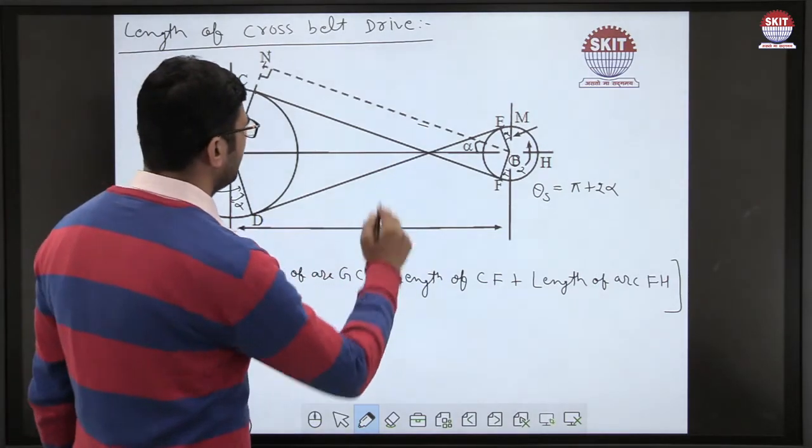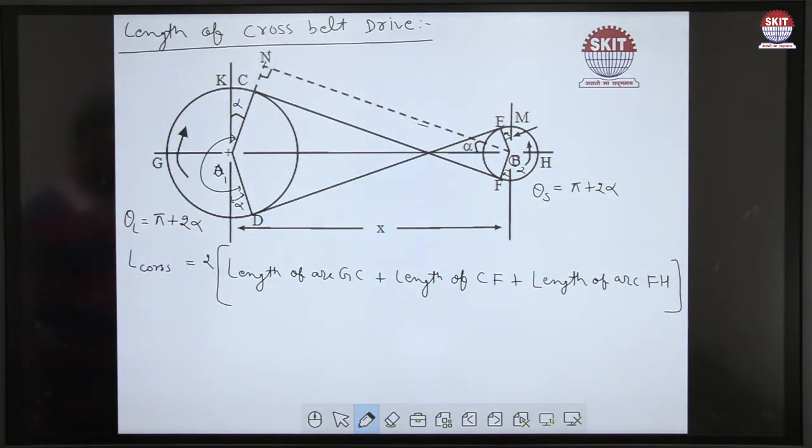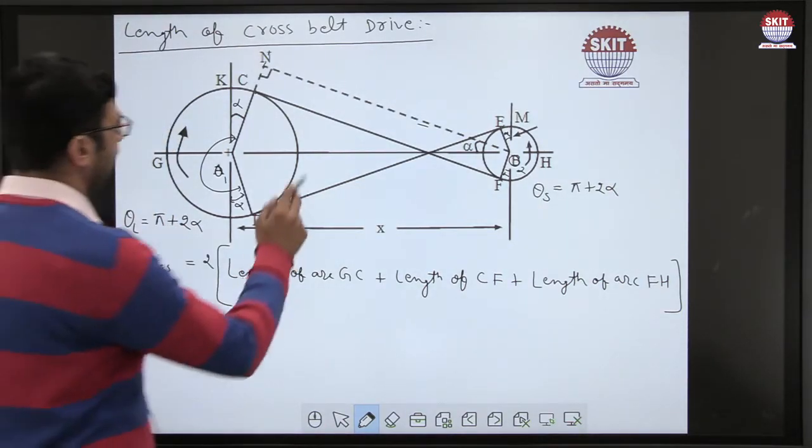Okay, now we find the value of alpha and the value of CF.